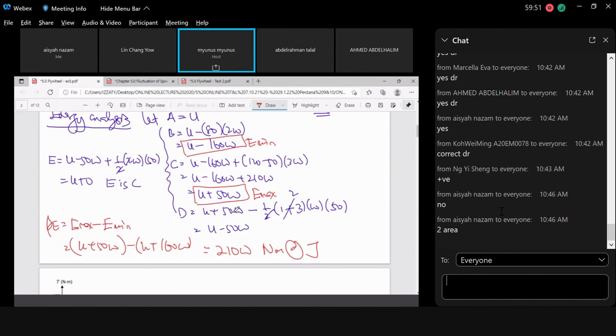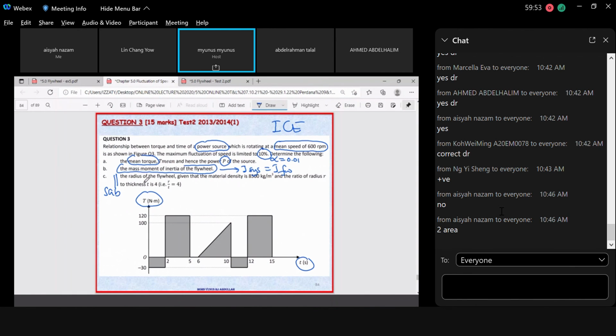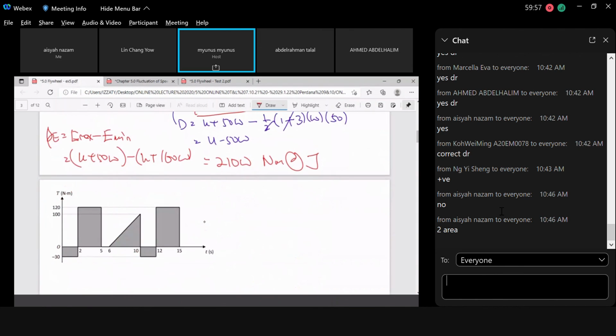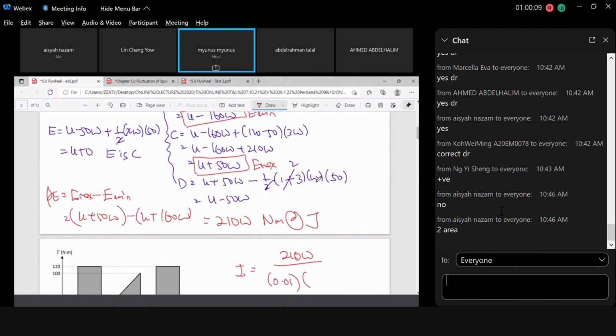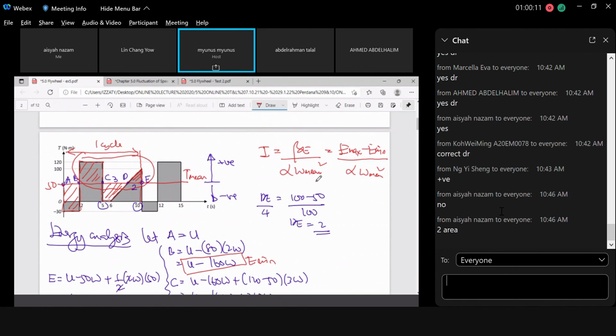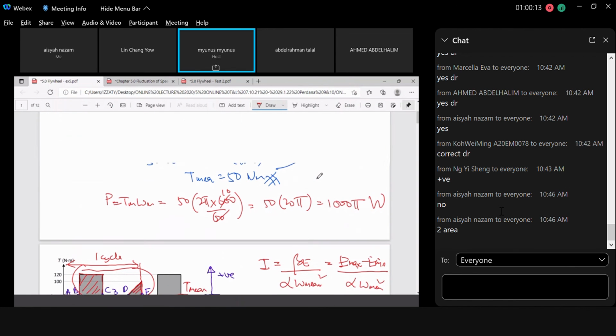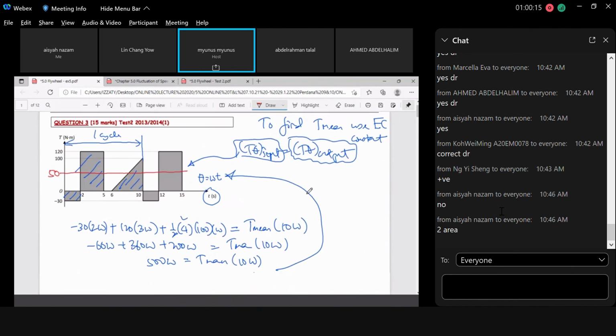Then you can already answer the mass moment of inertia. We haven't put it in mass moment of inertia, yeah. So therefore, your I now is equal to 210 omega divided by alpha, which is 0.01 just now. Your omega mean, have we calculated omega mean? No, we don't calculate omega mean yet at the moment.